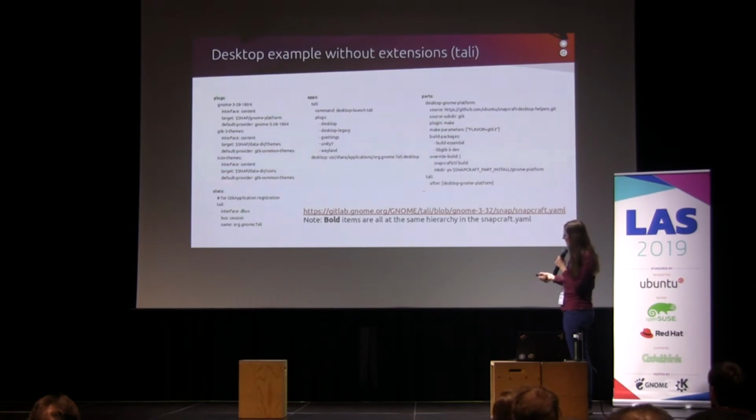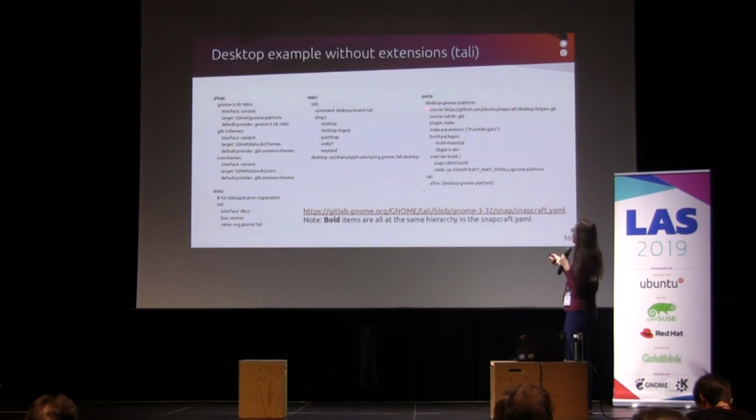The slot is where you commonly see the dbus name listed, and then the list of apps. This is an example of Tally, for example. In this case, there's one app, which is quite common. Then we point to the desktop icon, and then we list our parts. In this YAML, we had two parts: the desktop helpers scripts, and then the app itself. And there's a ... here because there was a lot more, and it wasn't really relevant here.